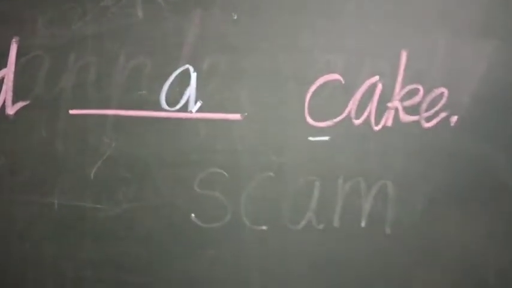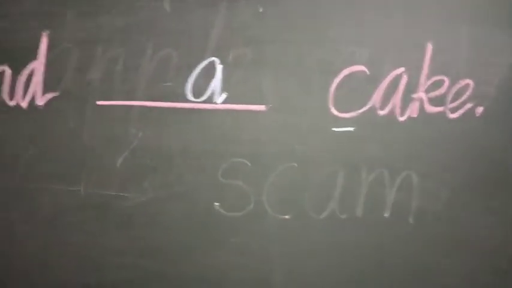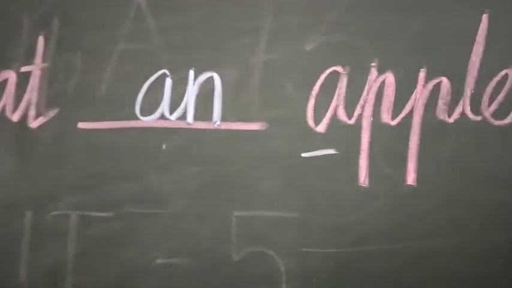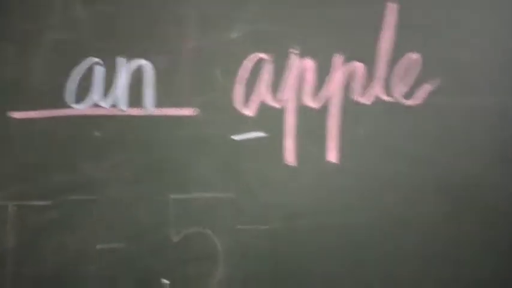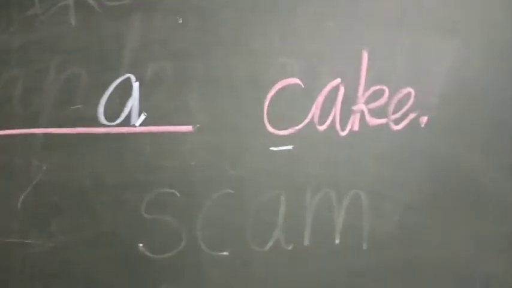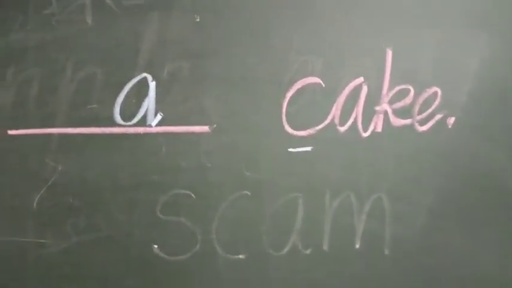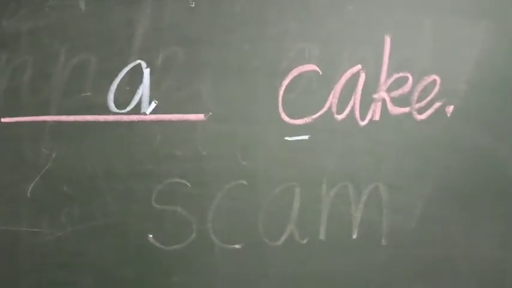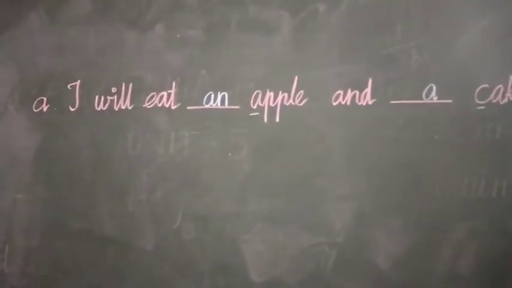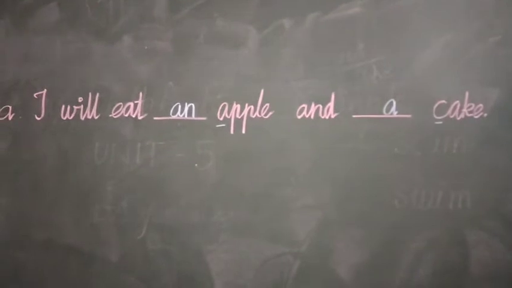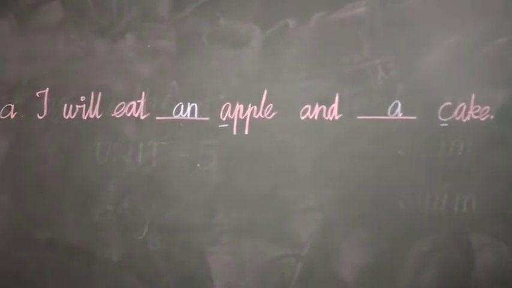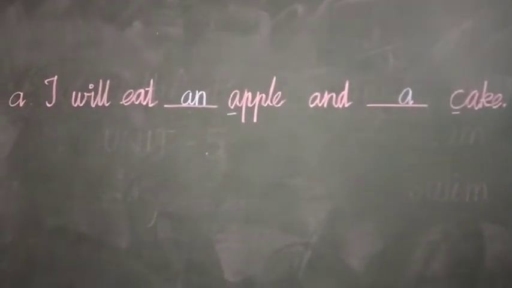Right? For this vowel sound, I use an. And for this consonant sound k, cake, so that I use a. Like this, you can follow these steps and then try to complete the rest of the questions in our worksheet.